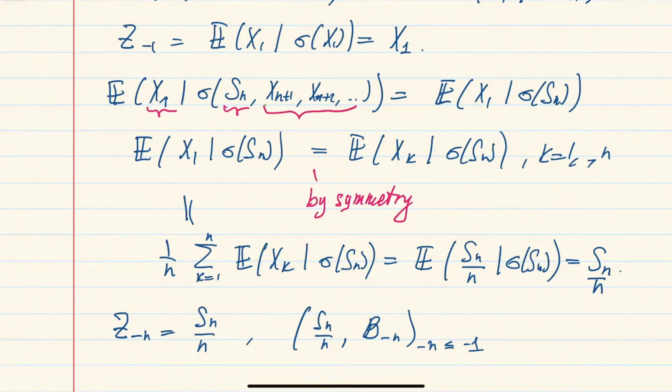Okay, so this is a martingale. And when we prove the results about convergence of martingales, this example will give us a new proof of the strong law of large numbers, because we'll see that this Sn over n must converge when you let this index go to minus infinity.